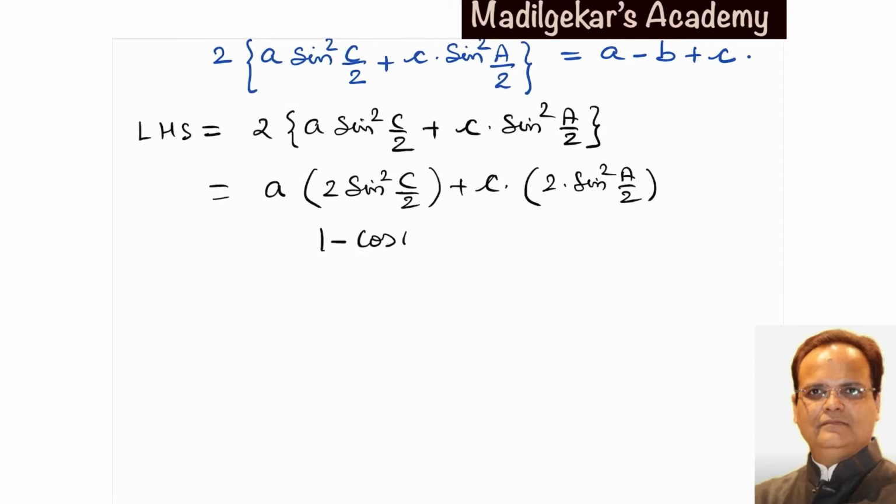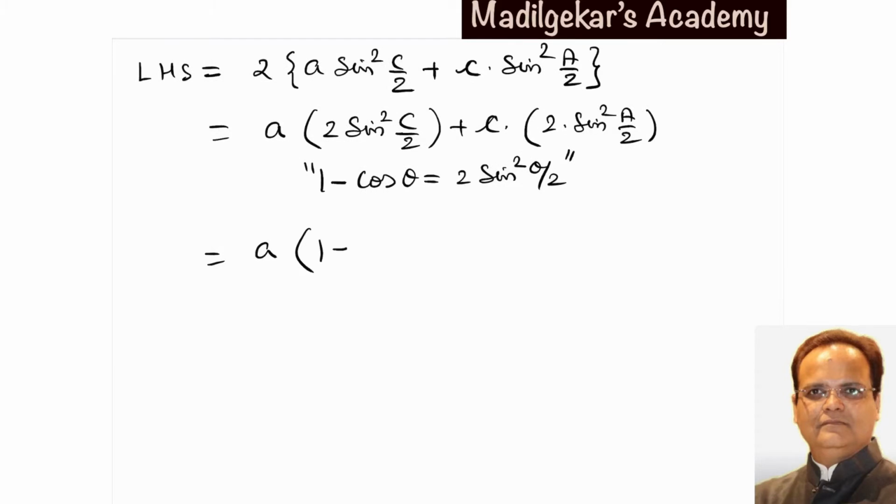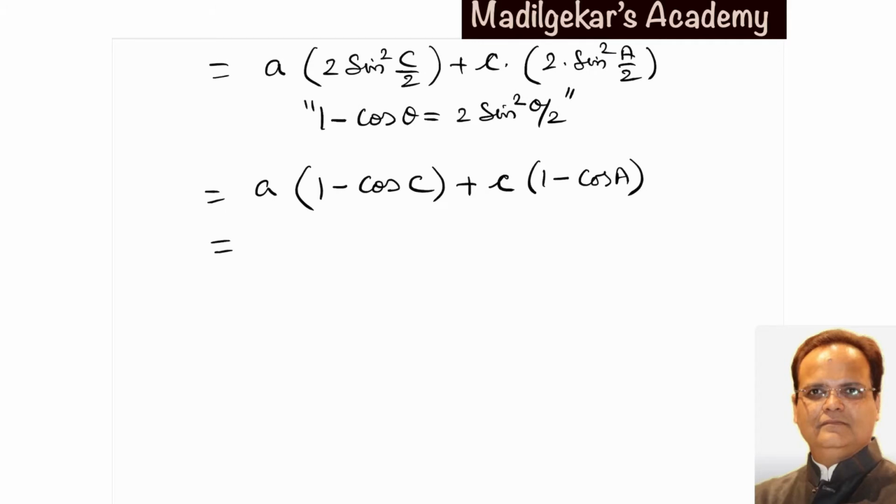1 minus cos theta is 2 sine square theta by 2. So 2 sine square C by 2 can be replaced by 1 minus cos C. 2 sine square A by 2 can be replaced by 1 minus cos A. Multiply bracket by a. So a minus a cos C, plus c minus c cos A. Take a plus c in one bracket, minus common from the remaining terms.